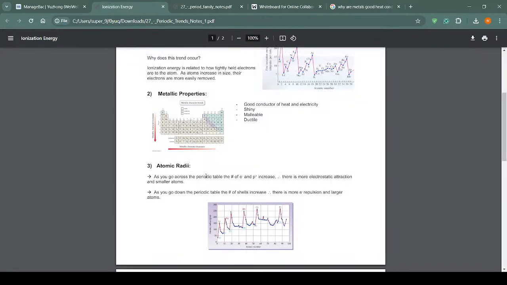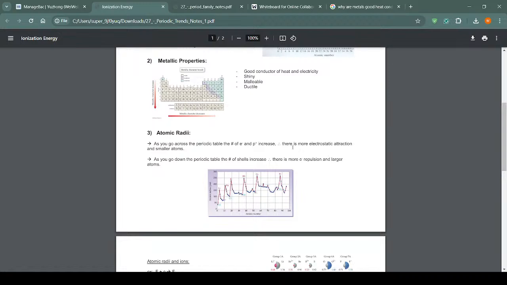As you go across the periodic table, the number of electrons and protons increase. There is more electrostatic attraction and smaller atoms. So it decreases going across and increases going down. Oh, we know it decreases going across because there's more attraction.